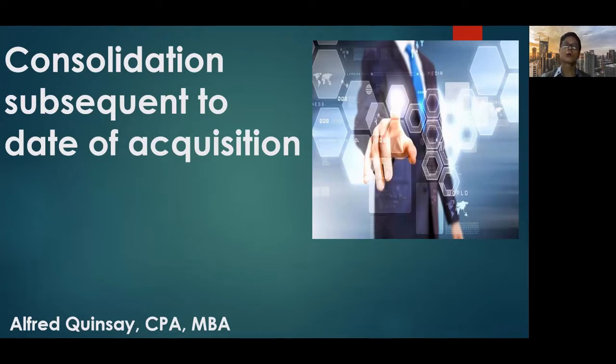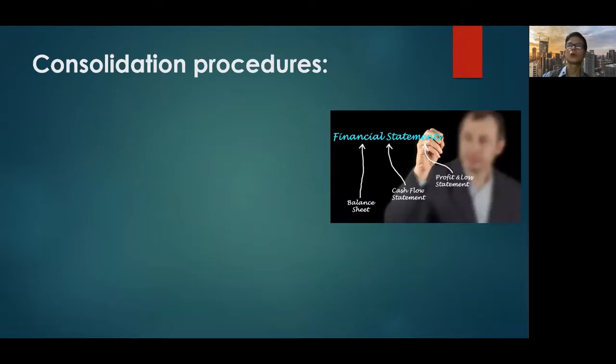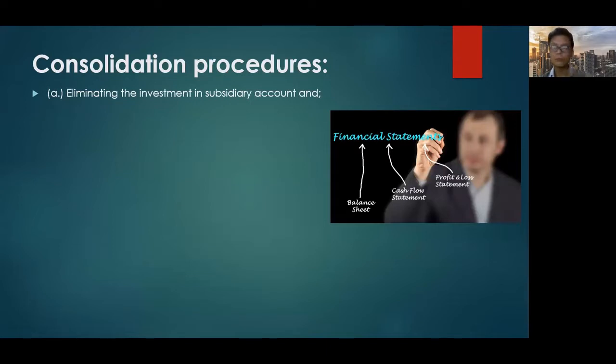Now, without much ado, let's proceed to some of the salient features dito involved in consolidation subsequent to the date of acquisition. Okay, so let's take up some of the consolidation procedures involved in this one. So first is to eliminate, so this is a step-by-step process.